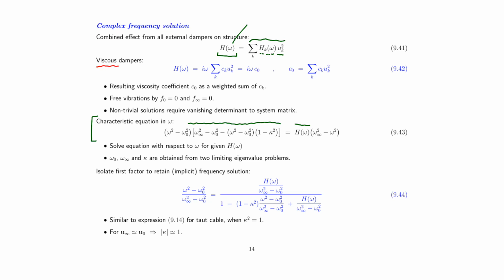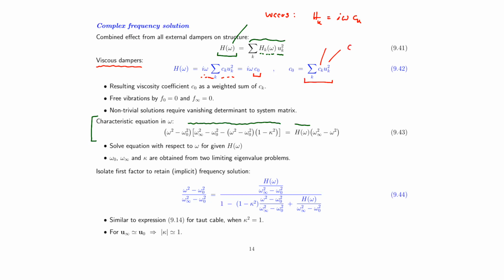If we assume viscous dampers, then hk is equal to i omega ck. So we can introduce that. The i omega can be placed outside the summation, and what is inside the summation can then be written as a common viscous parameter, given as the sum of the actual viscous parameters multiplied by the modal amplitude squared.